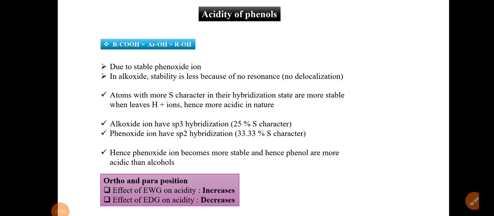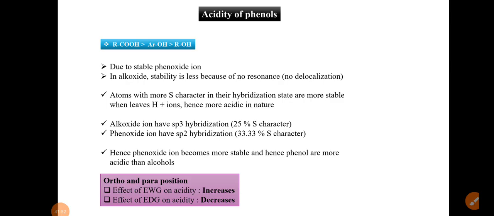If you have more s character, like in sp hybridization, the character is 50%. Similarly in sp3 and sp2 hybridization.